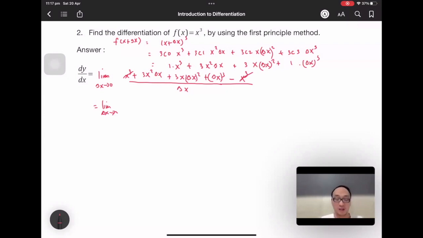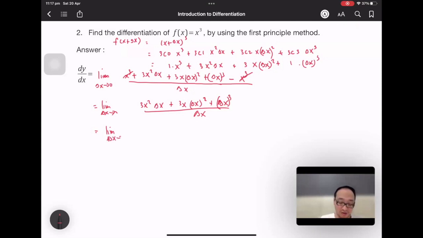So we have 3x squared delta x plus 3x delta x squared plus delta x cubed per delta x. Now we can factorize. So delta x times (3x squared plus 3x delta x plus delta x squared) over delta x.